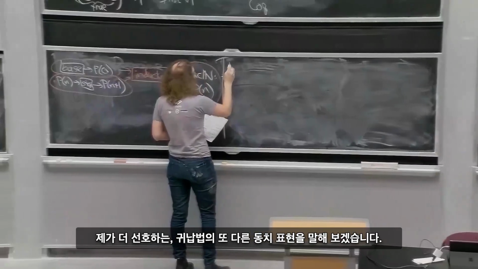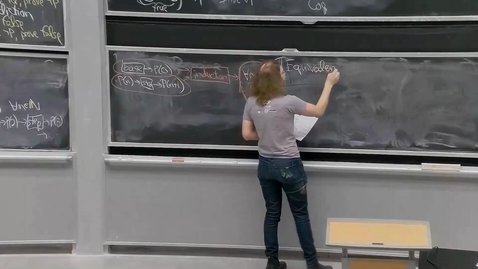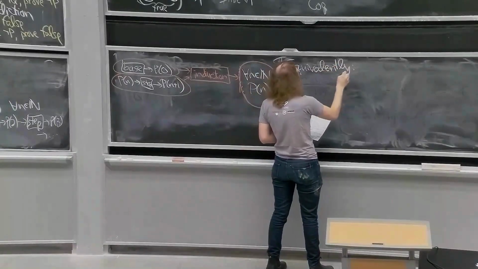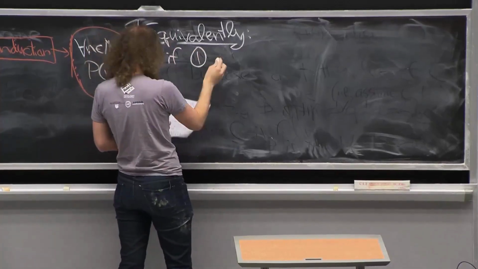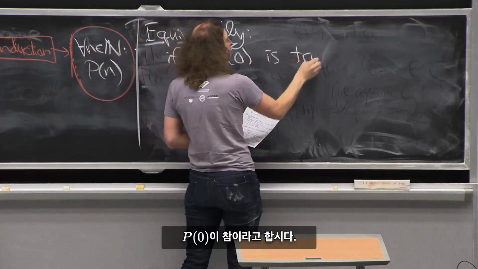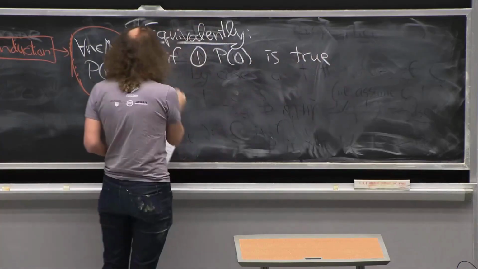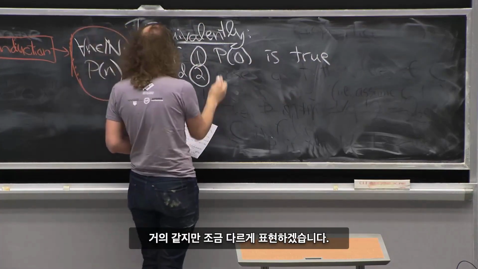Let me tell you another equivalent formulation of induction, which I prefer. It starts out the same. Suppose P of 0 is true. The induction step I'm going to phrase slightly differently, almost the same.